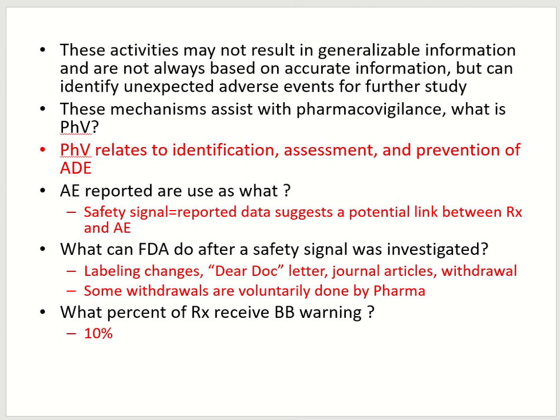These mechanisms assist with pharmacovigilance, and the definition of pharmacovigilance: these are activities related to identification, assessment, and prevention of adverse drug events. So identification 1, assessment 2, and prevention of adverse drug events is what pharmacovigilance is all about.